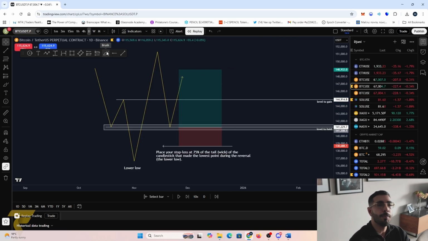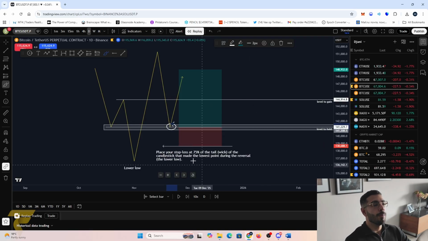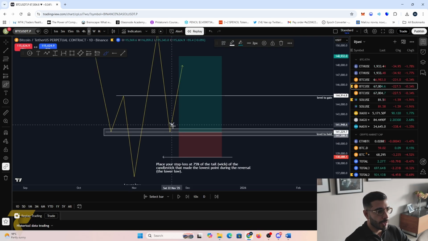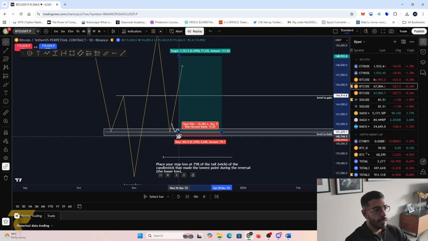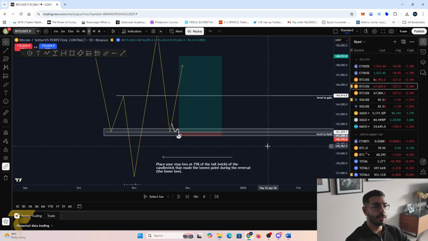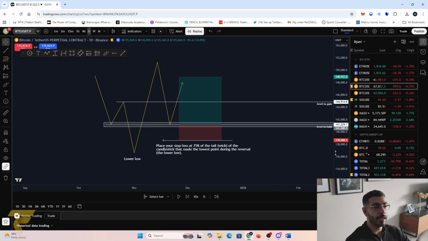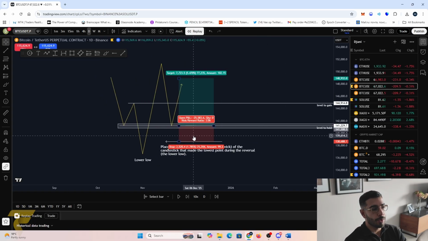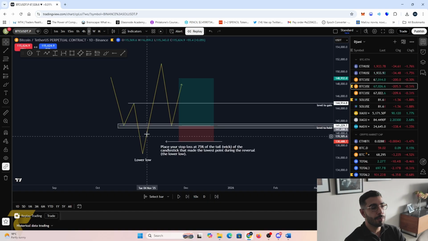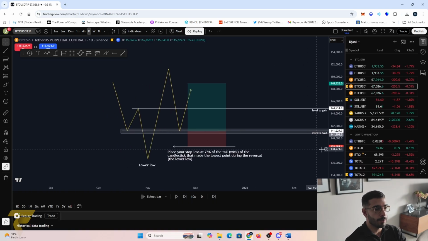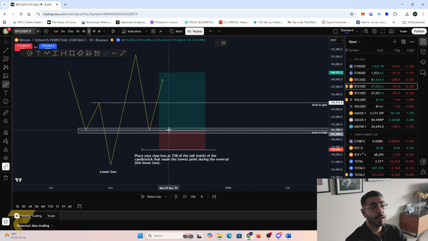Because what happens, many people tend to micromanage their trades. They take a trading position whenever price touches the box, but whenever price goes a little bit like this, they are already getting stopped out of their position, which should never really be the case. And because you're placing your stop loss or invalidation at 75% in the wick of the lower low, again, you're giving your trade some breathing room, because what can potentially happen?